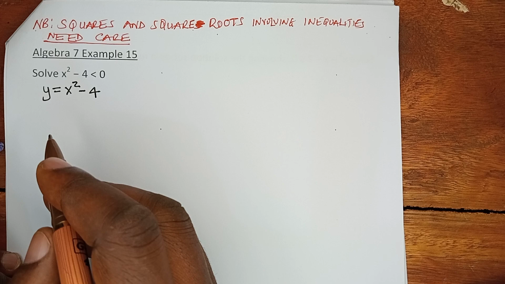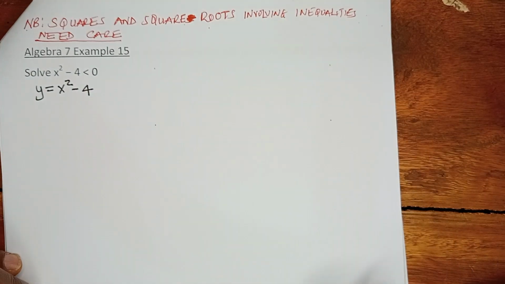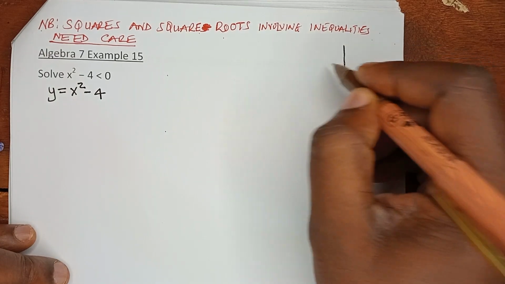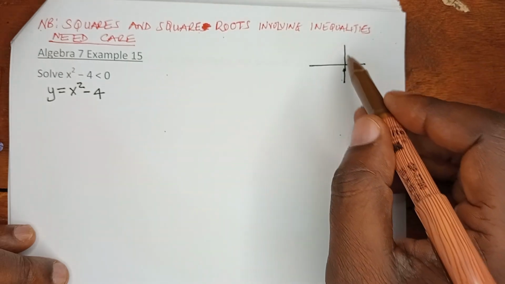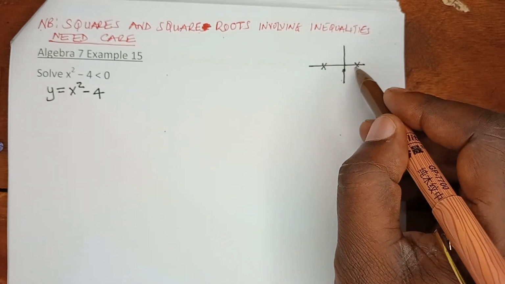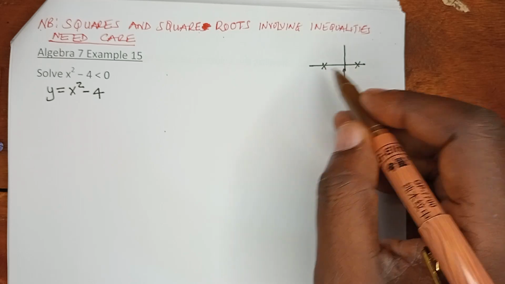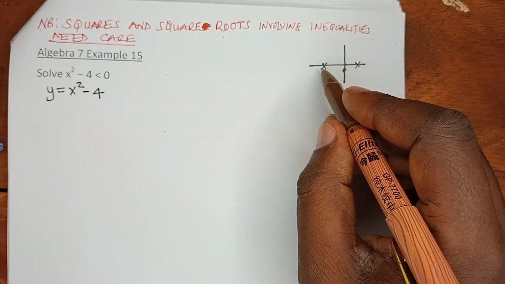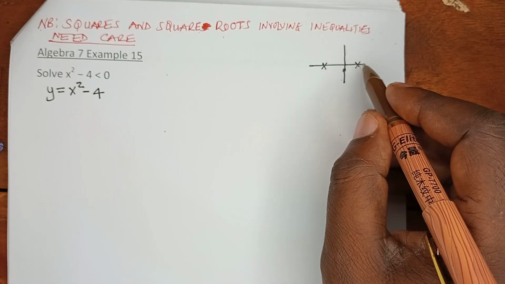If you can just have a small graph here, this is xy, this is the x-axis, this is the y-axis. Where the graph cuts the x-axis is called the x-axis intercept. And we all remember that this happens when the value of y is equal to 0, because along the x-axis, y is always equal to 0.